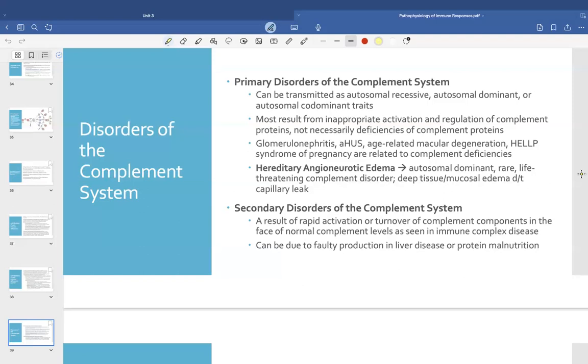So this overwhelming complement cascade leads to significant angioedema. When you have that, it can cut off the airway, lead to pulmonary edema, and it can kill patients. So it is life-threatening. It doesn't even have to be an infection. It can be stress-related.